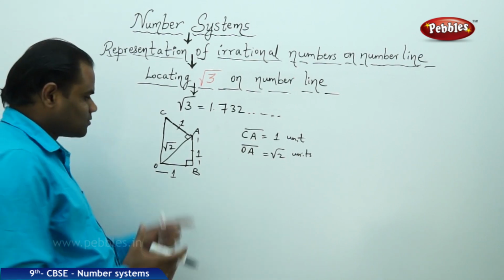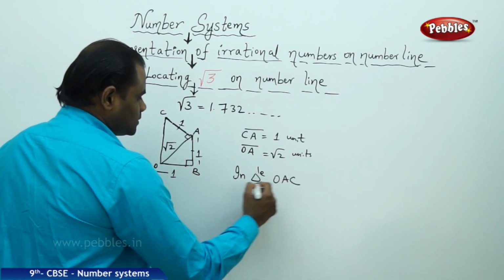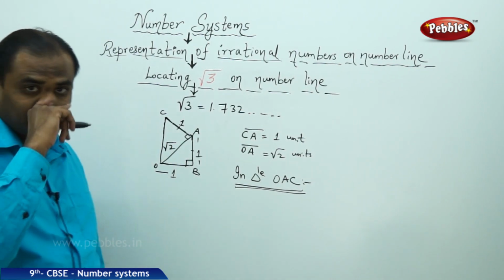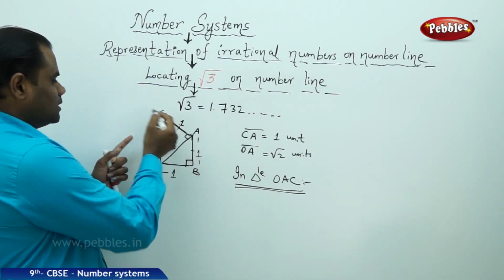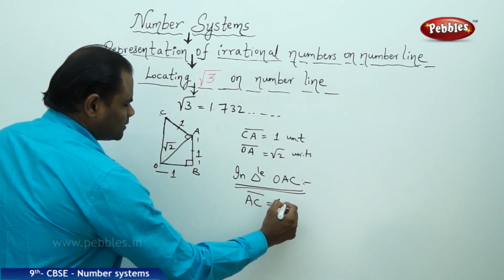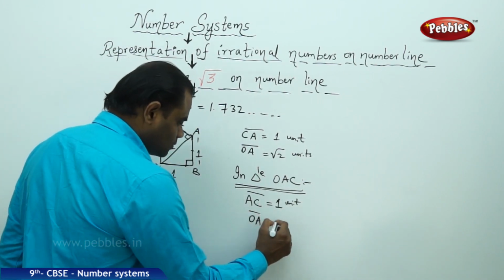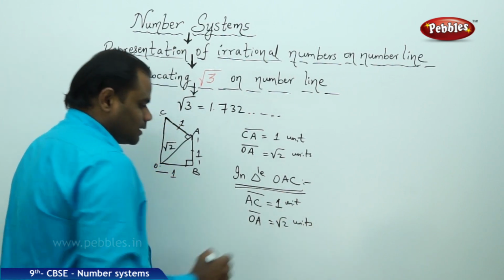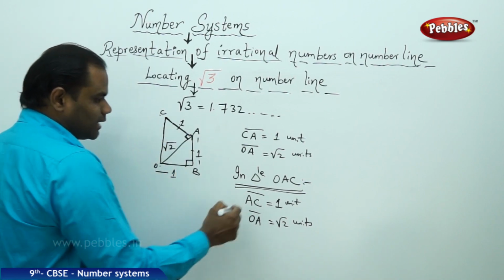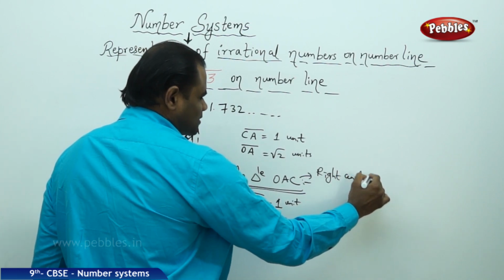Now let me just focus on triangle OAC and let's see what we witness from this triangle OAC. As we can see in triangle OAC, AC is 1 unit and OA clearly is root 2 units, from these two dimensions. And clearly this being 90 degrees, it's a right angled triangle and therefore the Pythagoras theorem comes into existence.